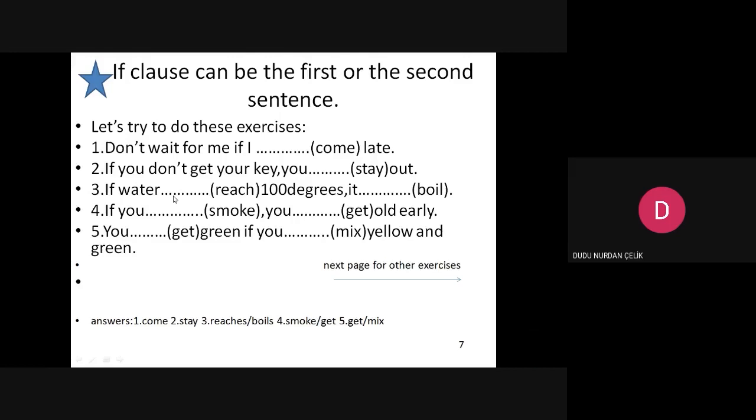If water reaches 100 degrees, it boils. Very good. If you smoke, you get old early. Well done. You get green if you mix yellow and blue. Very well.